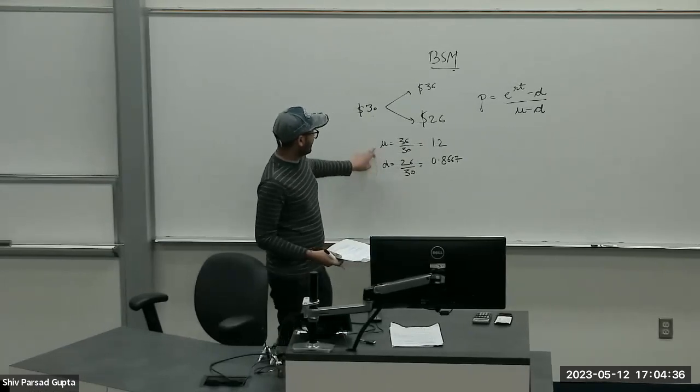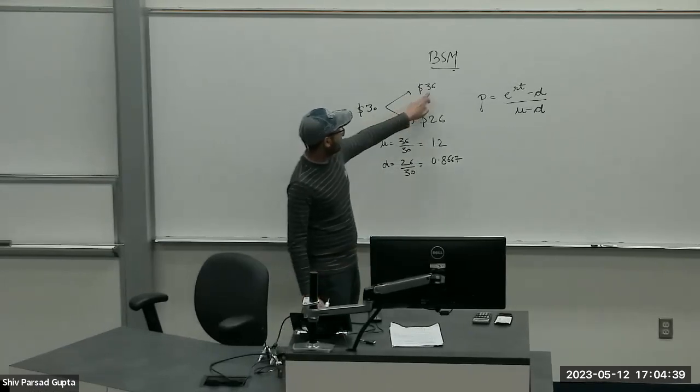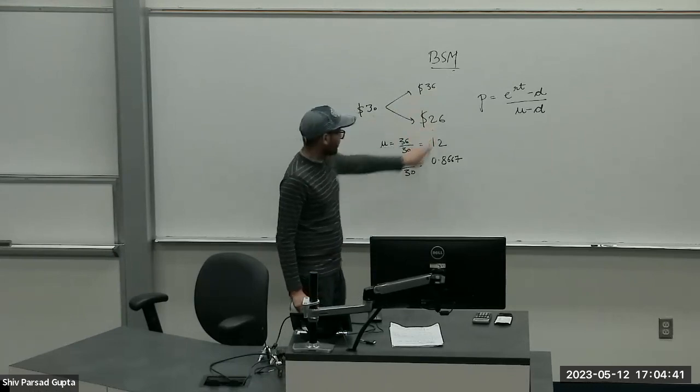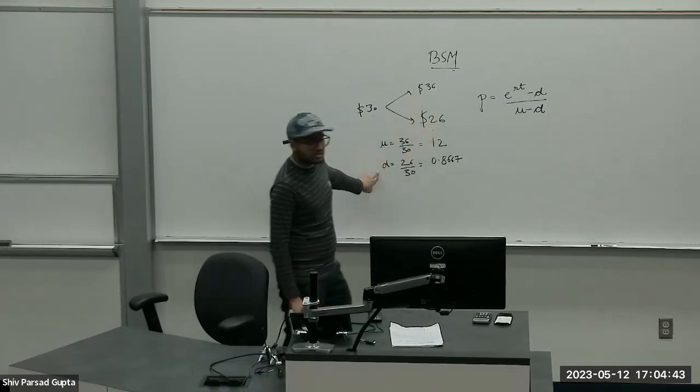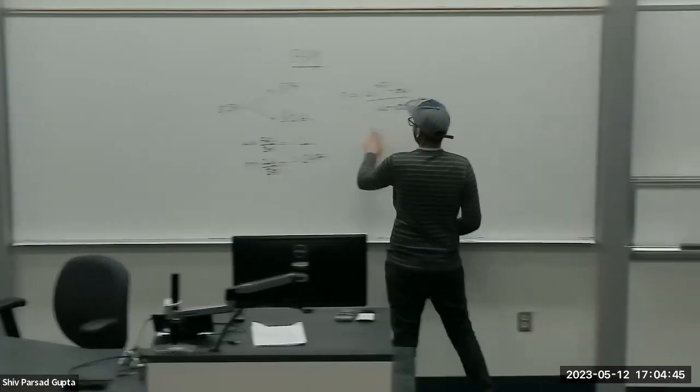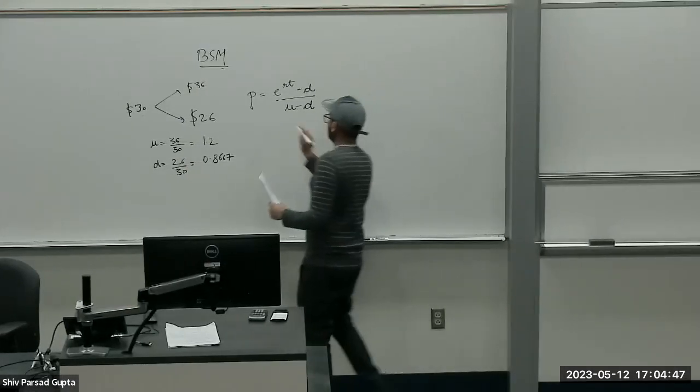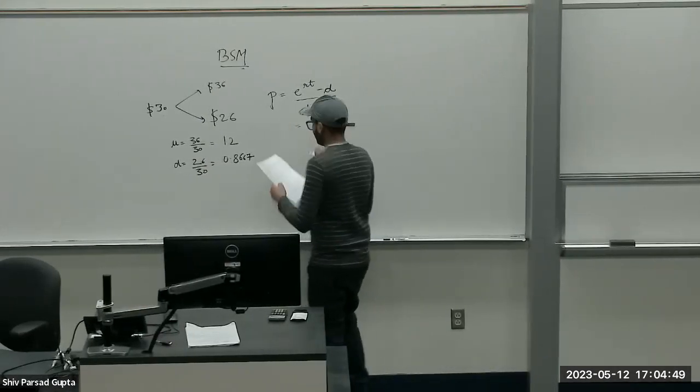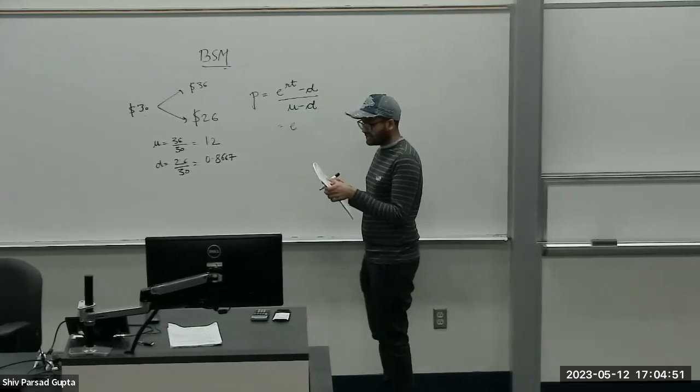Is that clear? The stock price can go to 36 or fall to 26, and accordingly we have calculated the u and d values. Now we put in the u and d values over here. We get e to the power r, and r we have been given as the risk-free rate of 0.